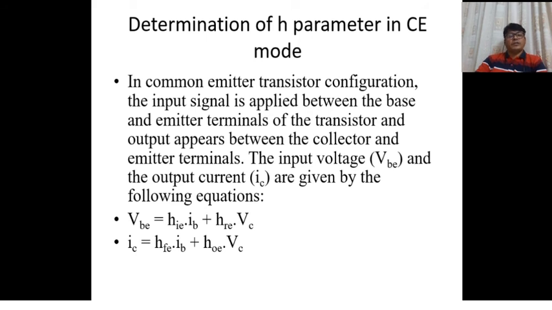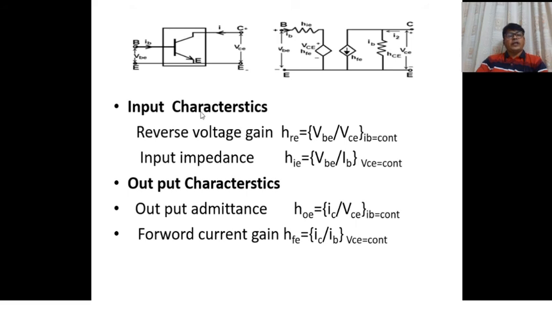So that can be explained, how to determine them again by using the common emitter mode. In order to calculate that, again you have to follow the same rules. Now in order to calculate the input characteristic, reverse voltage gain is equal to what? It is the input voltage to the output voltage when input current is kept constant.